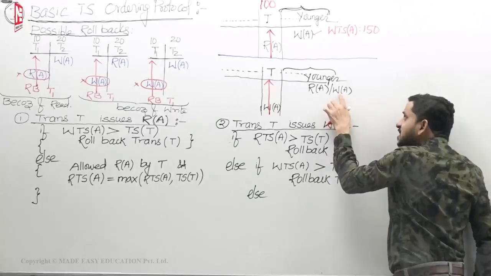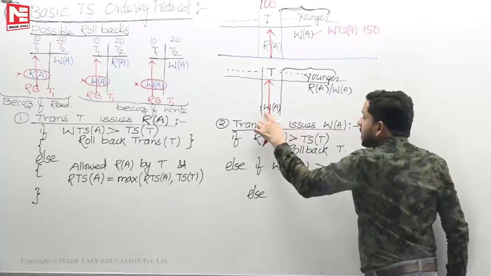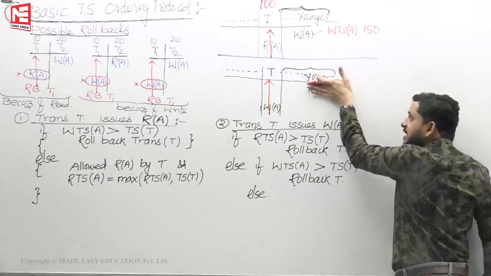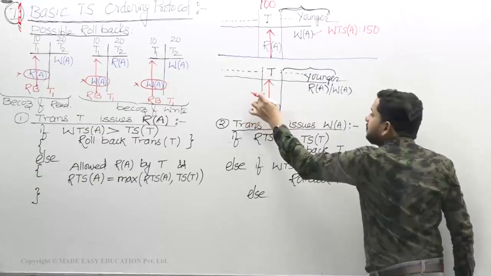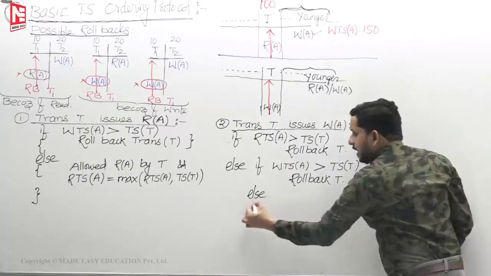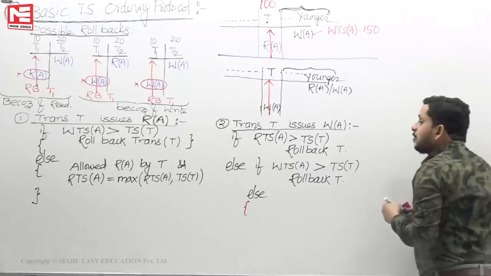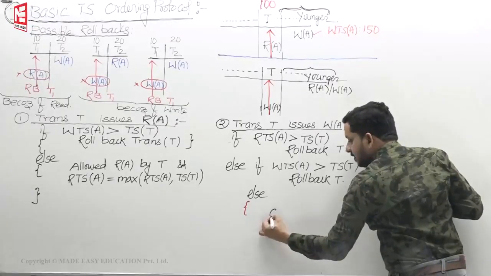If a younger transaction already writes, this write is not allowed. But if no younger transaction than T either reads or writes the data, then the write is allowed.